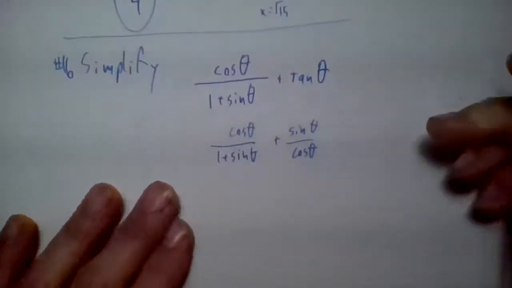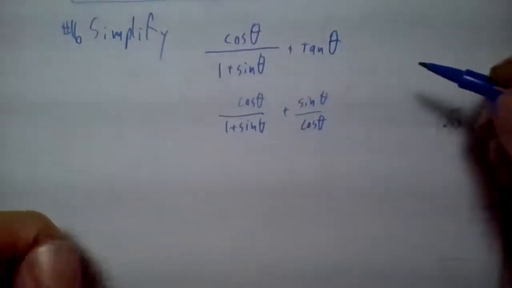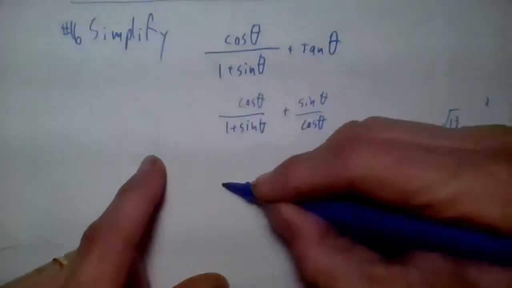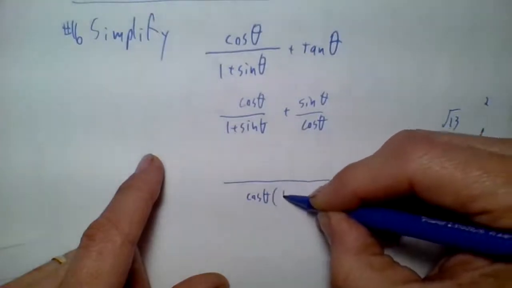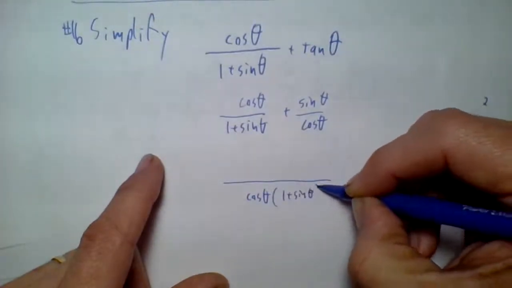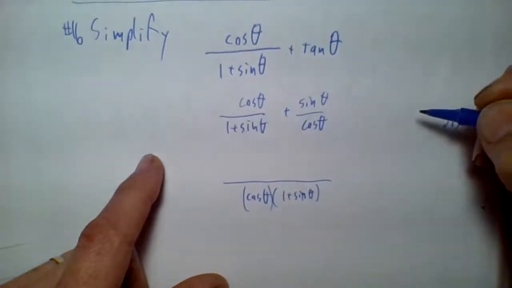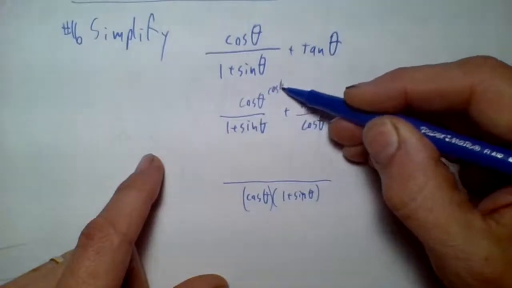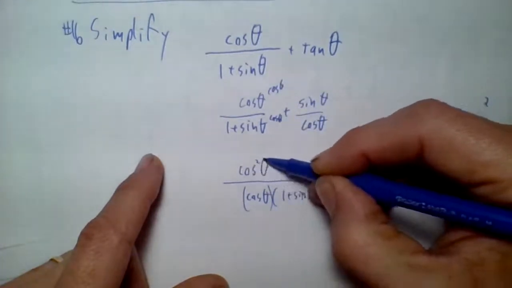Just doing the algebra, what your algebra would tell you to do on this: I've got 2 different denominators, so I need the common denominator that includes them both. This is going to be over those 2 factors, cosine theta and 1 plus sine theta, my common denominator. So this is being multiplied on the top and bottom by cosine theta, so I get cosine squared theta.